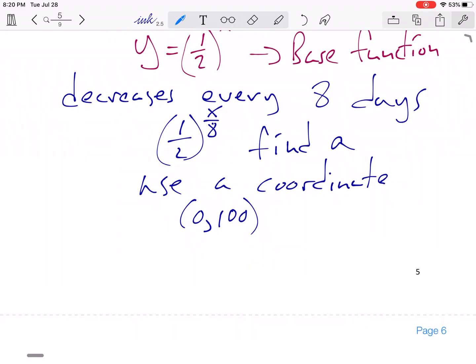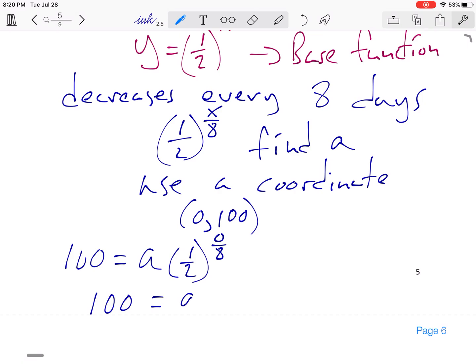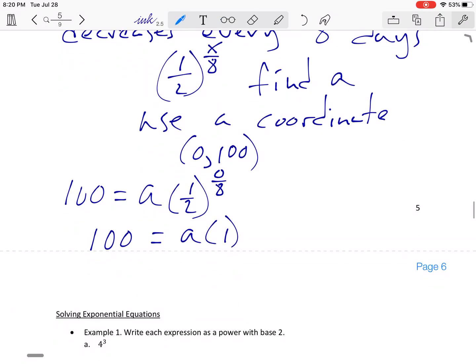So what you have here then is y is 100, which equals a times 1/2 to the power of 0 divided by 8. And so 1/2 to the power of 0 is going to equal 1, and so a is going to equal 100.